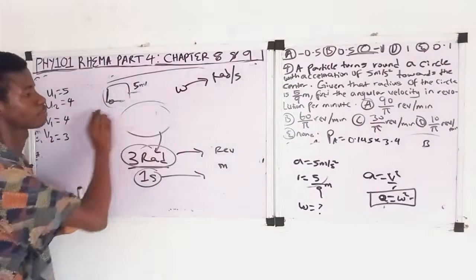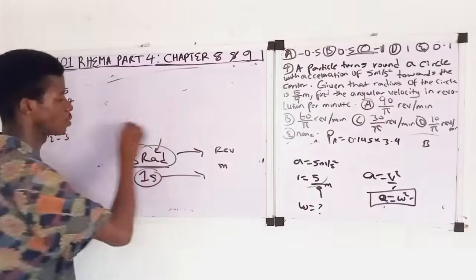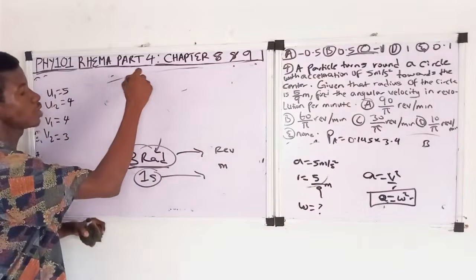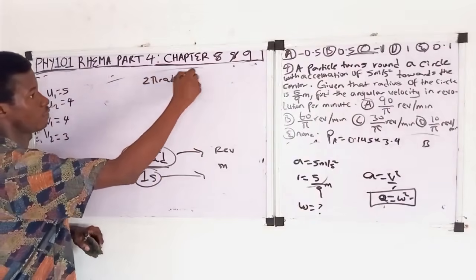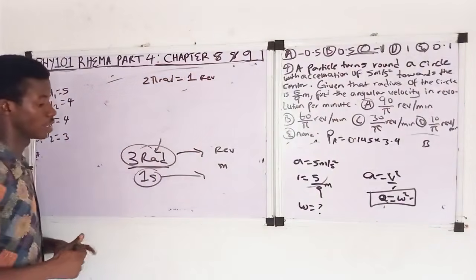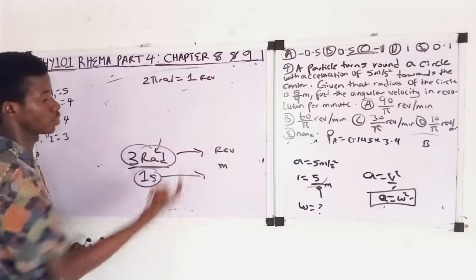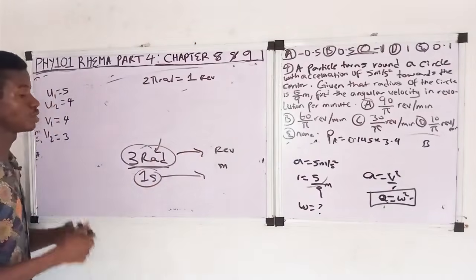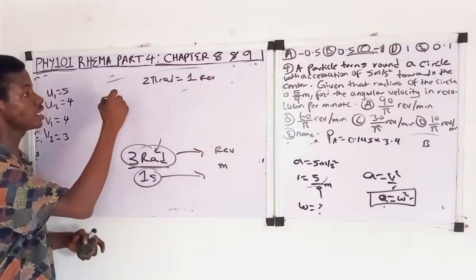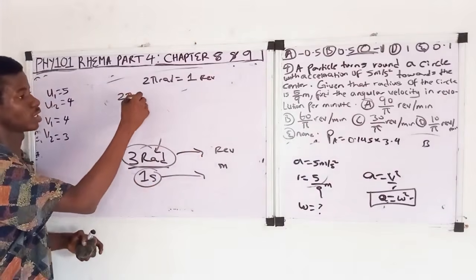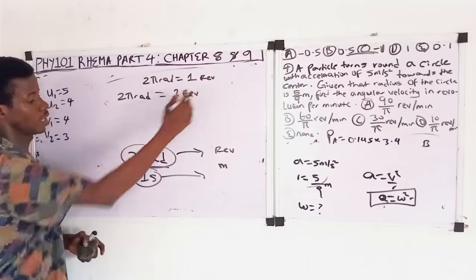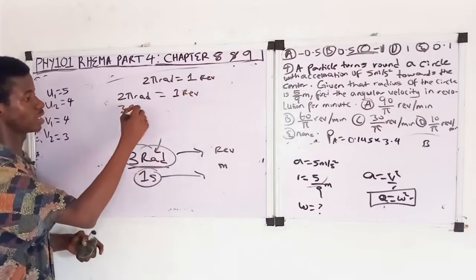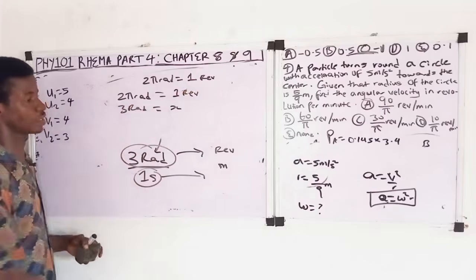According to the conversion factor, we all know that 2 pi radian is equal to 1 revolution. So let's convert this 3 radian to revolutions. If 2 pi radian is equal to 1 revolution, then 3 radian will be equal to S revolutions.